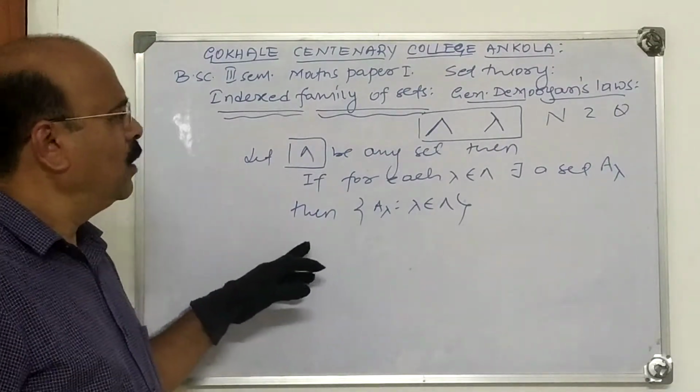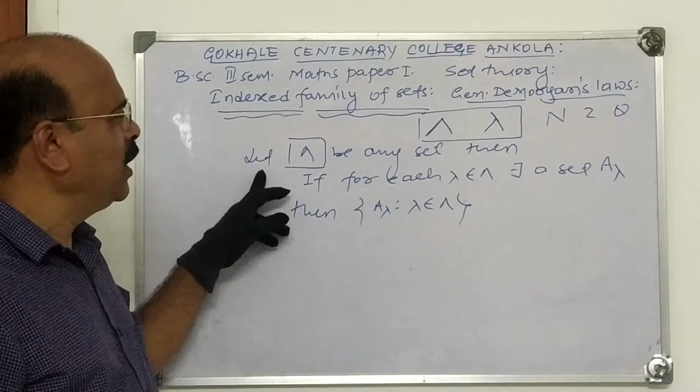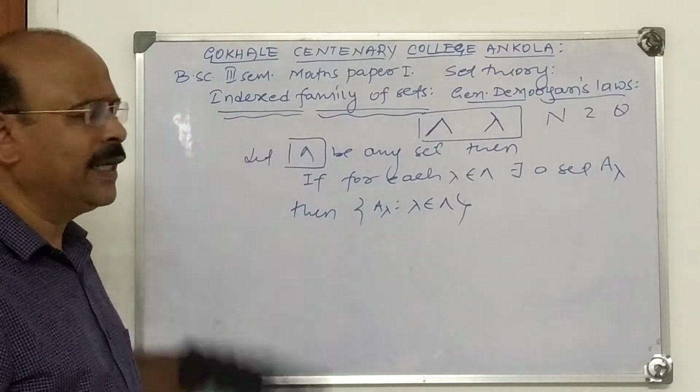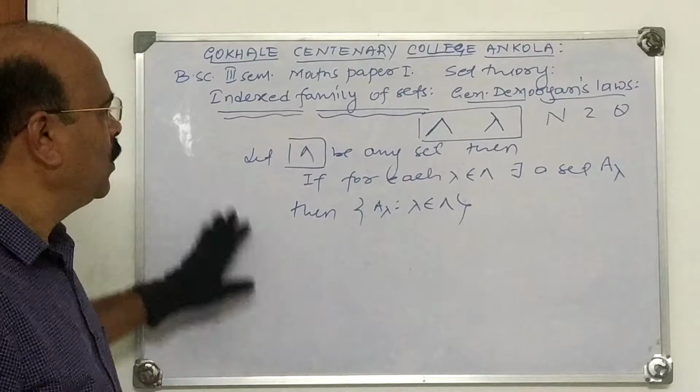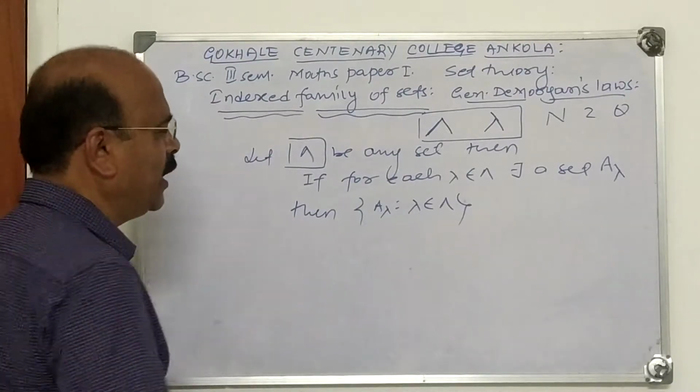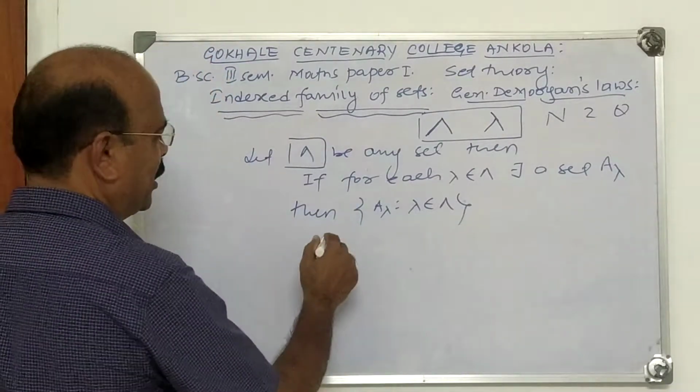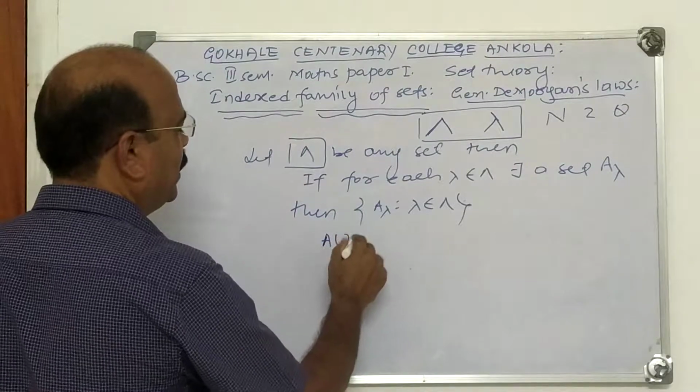Now we consider the union and intersection of indexed family of sets. You know what are union and intersection of two sets? Suppose A and B are any two sets.